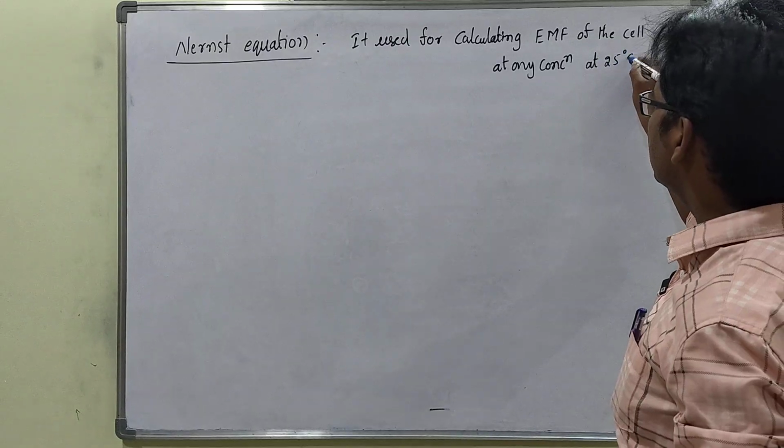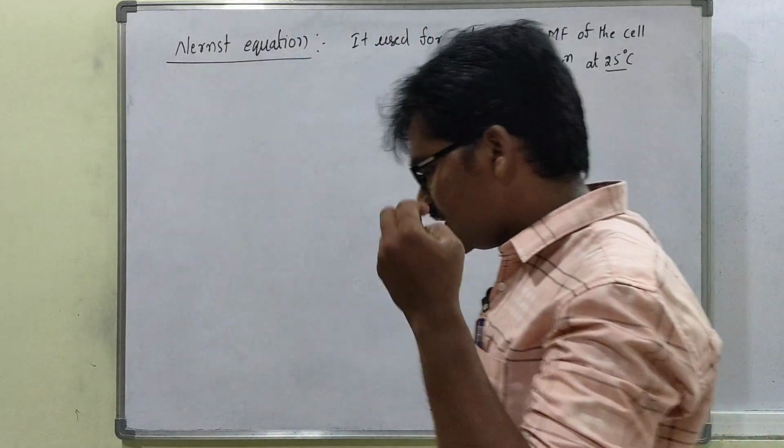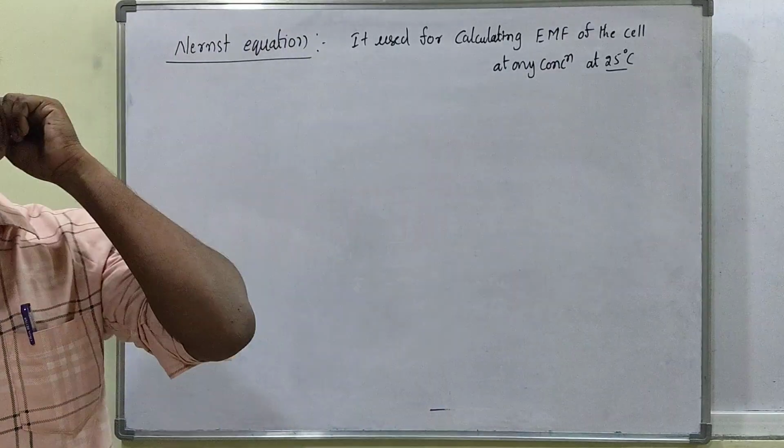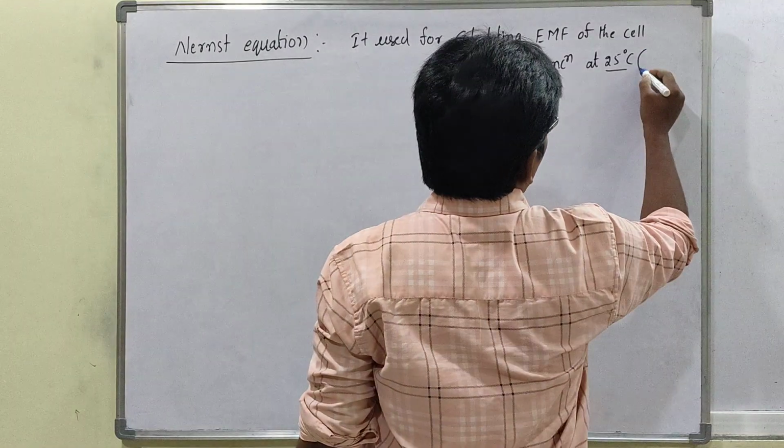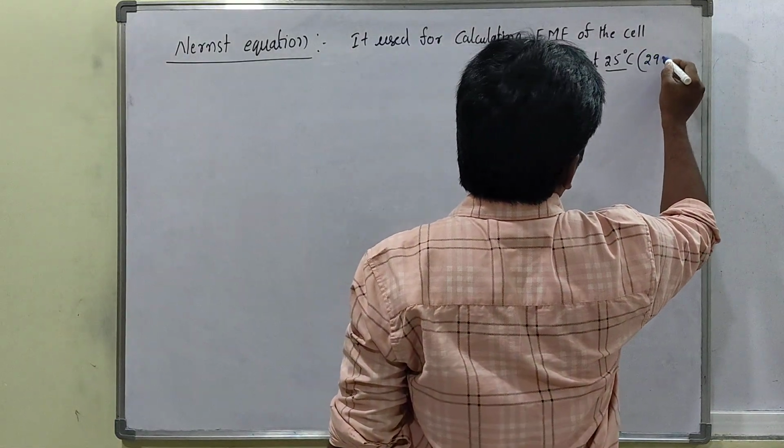Of course, you can find it at different temperatures also, but at room temperature we have to find this. So the EMF of the cell at 25 degrees Celsius, nothing but 298 Kelvin temperature.